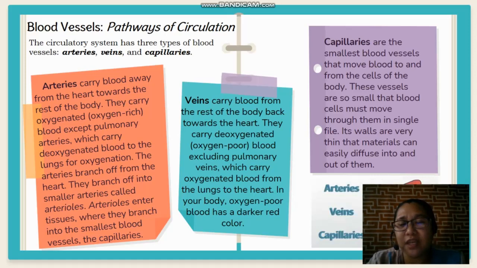Since they are very thin, if they surround your air sac, the oxygen and carbon dioxide can pass through their walls and towards the air sac. So you have the diffusion, or the exchange of gases. That is why capillaries are the ones surrounding our air sacs, or your alveoli.